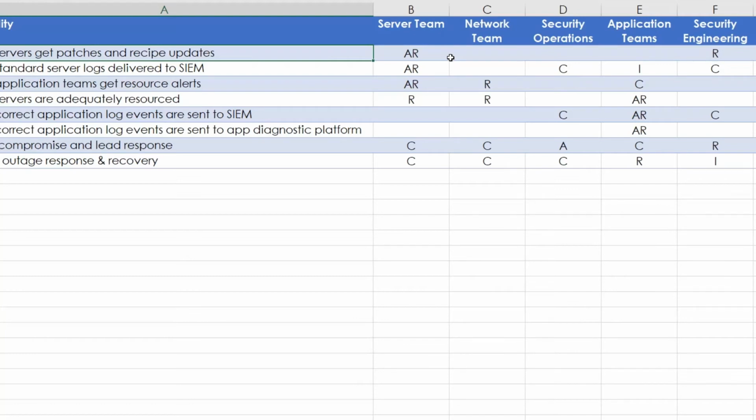Consulted is someone who should be listened to about how it gets done. Maybe they have a stake in how it gets done. Maybe they're a customer of it, an internal customer. And informed is they want to know that it got done, but they don't really have a voice in how.